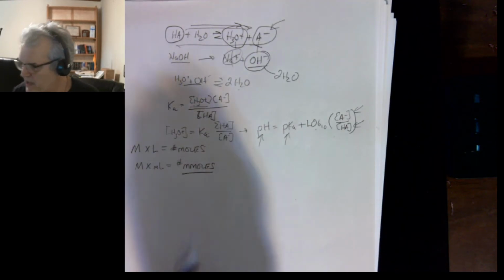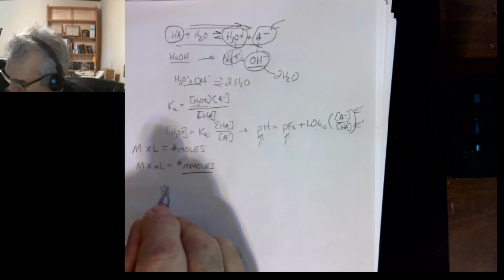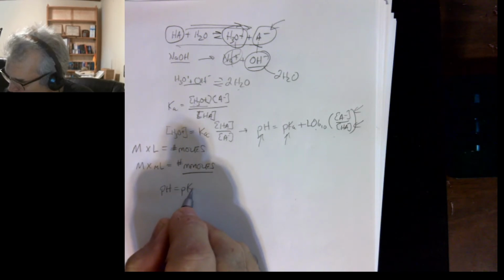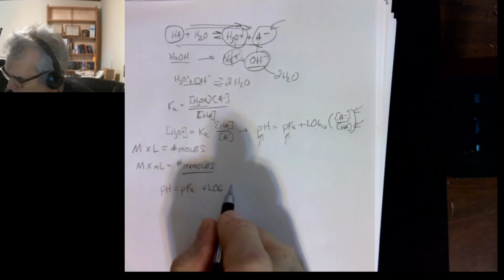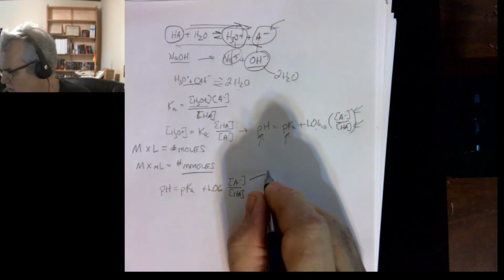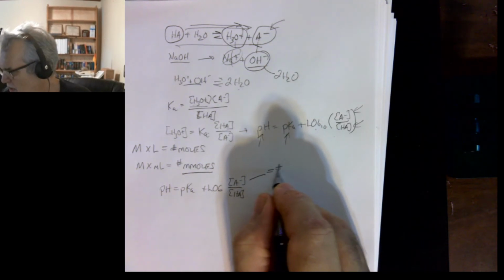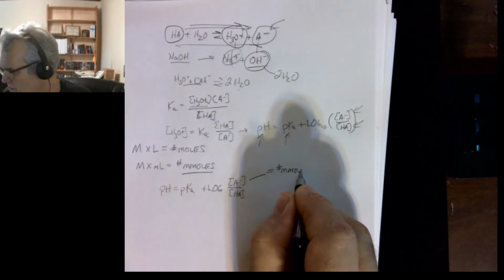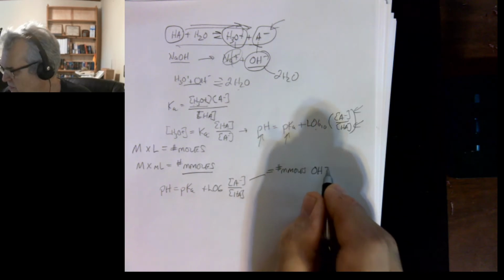Okay, so what does that mean? Let's go back to our equation. pH equals pKa plus log of A minus over HA. A minus is going to be equal to the number of millimoles of OH added.